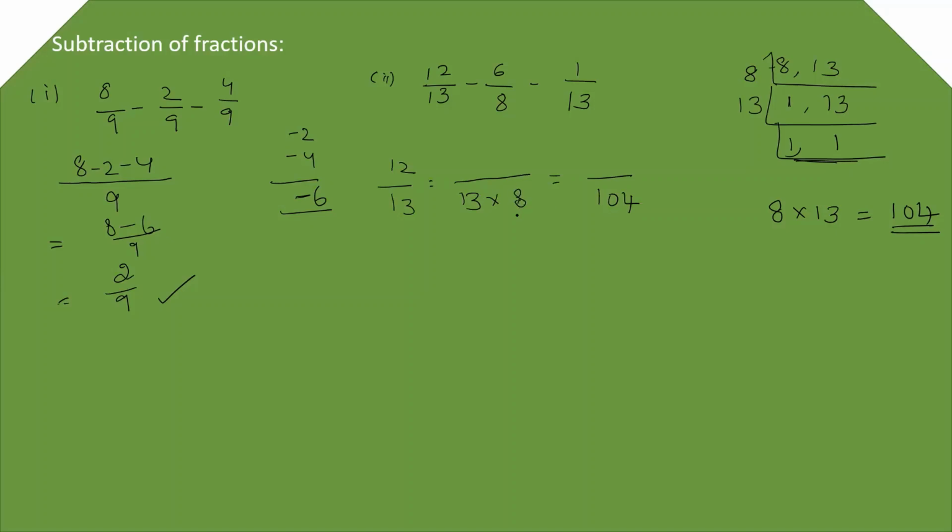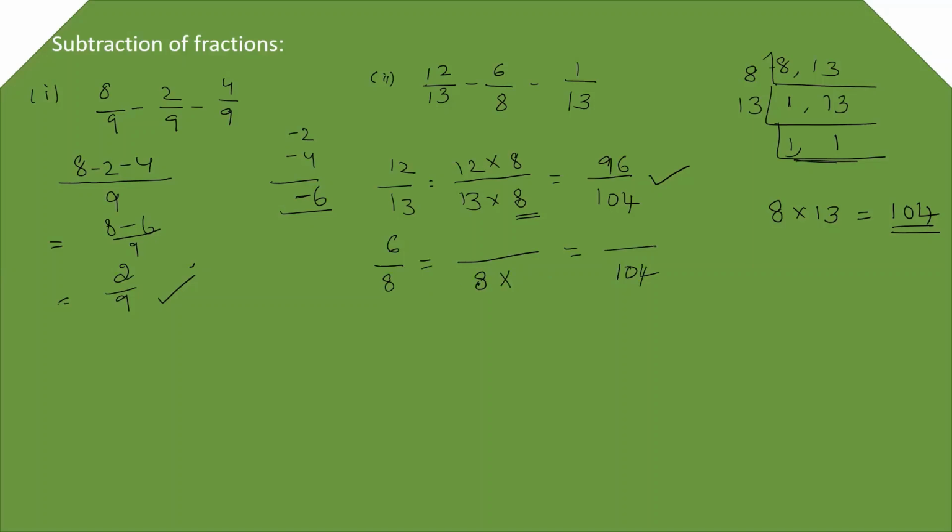Whatever I am multiplying in the denominator, the same I have to multiply in the numerator as well. So 12 into 8. 12 eights are how much? 96. Next, what is the second fraction? 6 by 8. I should get 104 in the denominator.